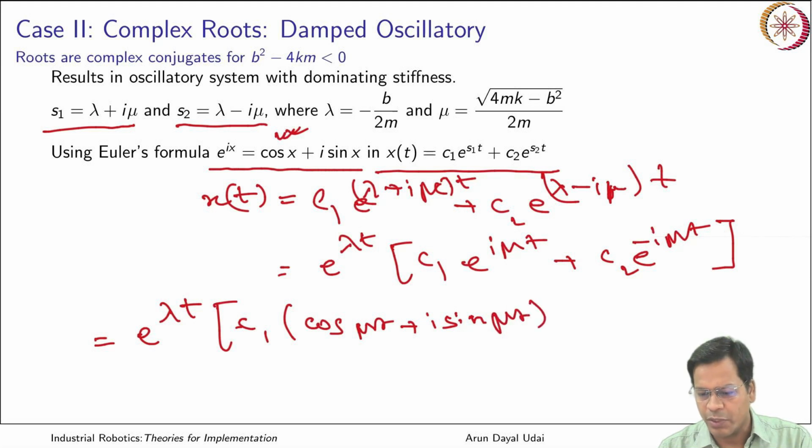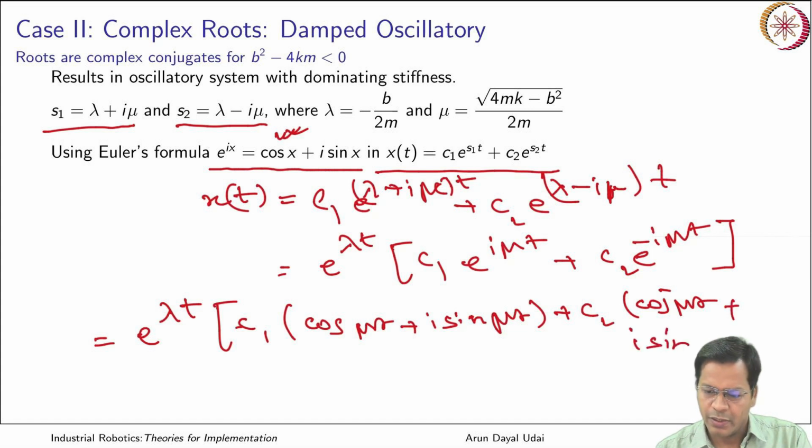Similarly over here I can write plus C2 cos mu t. This time it should be with negative sign, cos minus mu t, and again plus i sin minus mu t.